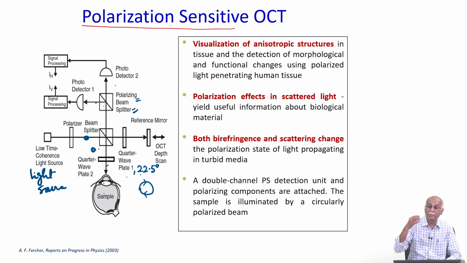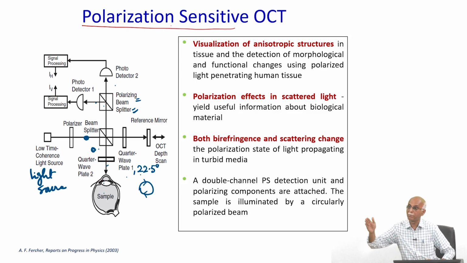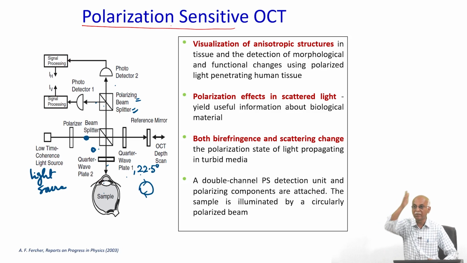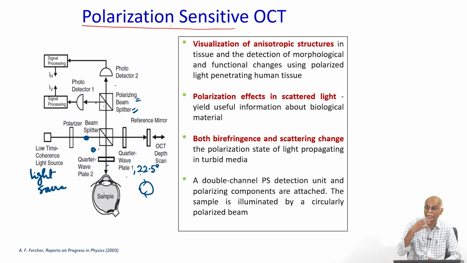Let us say I want to analyze a tooth sample. Tooth enamel, the front surface, is a very highly reflecting surface. So, the reflected beam from this surface will have a very large intensity. Now, if I go with a time domain OCT, I can expect that as I go in the depth, Z1, Z2, then the Z1 surface will not appear, theoretically.